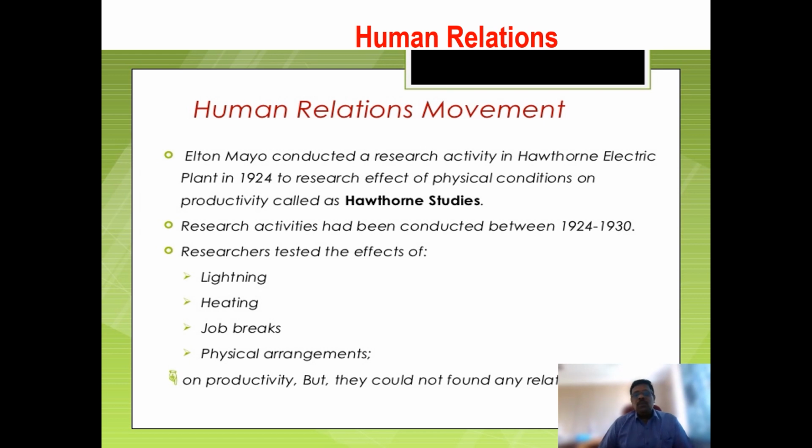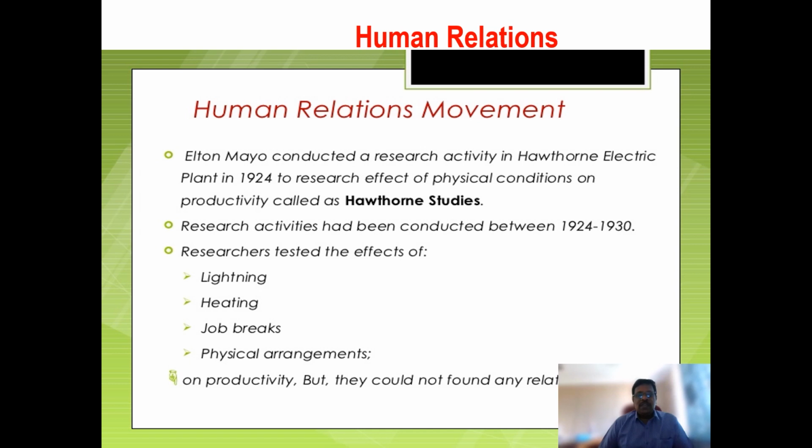Elton Mayo conducted research activities at the Hawthorne Electric plant in 1924. The research on the effect of physical conditions on productivity is called the Hawthorne studies or Hawthorne experiment.